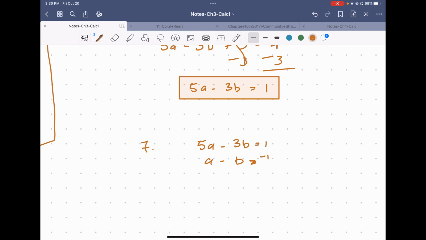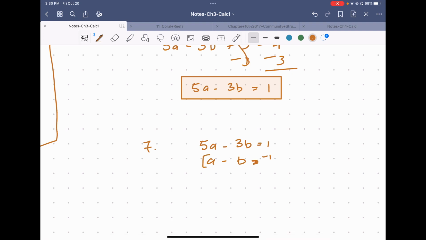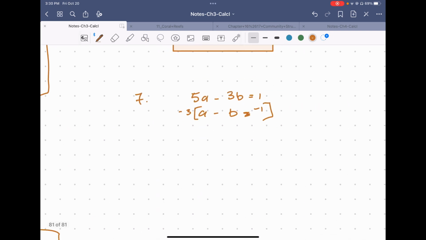To cancel out the b, as you can see, we have -3b and positive b, so we have to multiply the whole top equation by 3. That will cancel out the b so that we're able to cancel out those values.